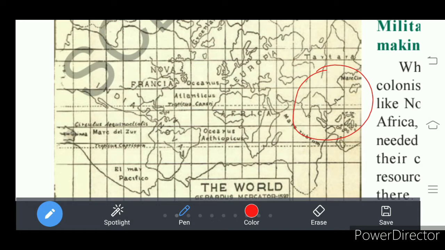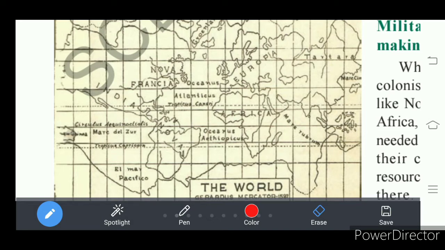So when it is in the shape of a ball, a spherical shape, it is difficult to show the continents and their shapes on a flat paper. A map is drawn on a flat paper.